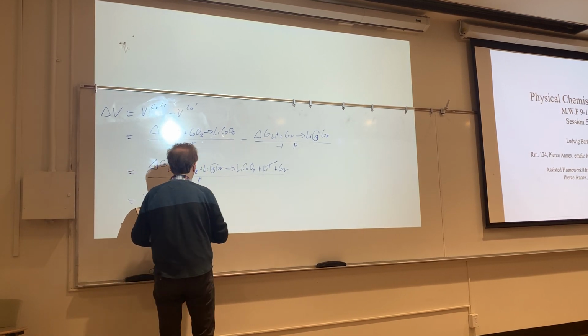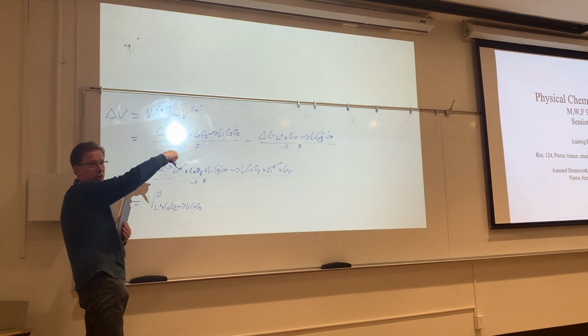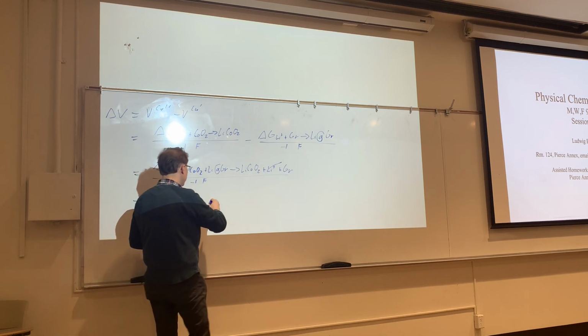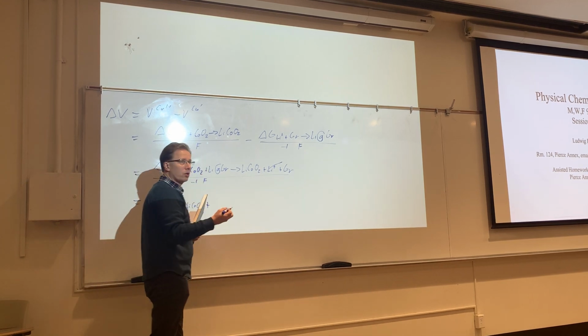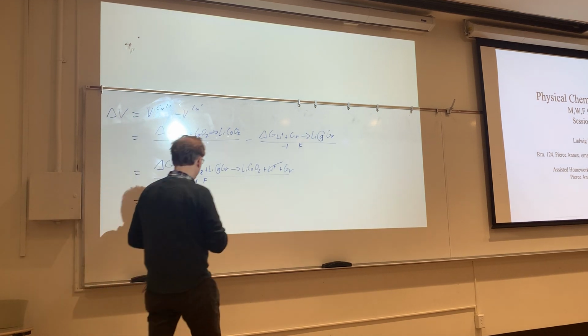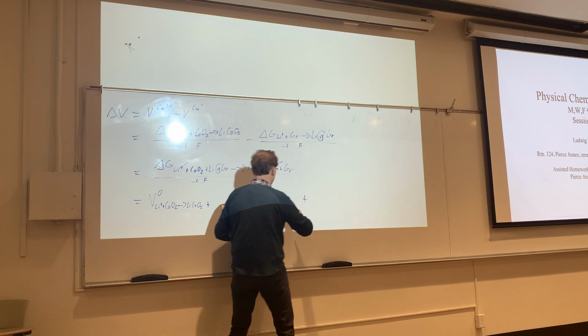And then, because this is a delta G naught over minus 1F, and then plus this corrections for that, which is given by the Nernst equation, which I'm going to write over here in a moment.